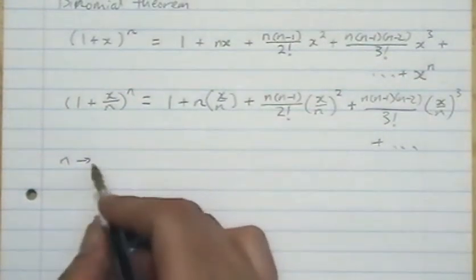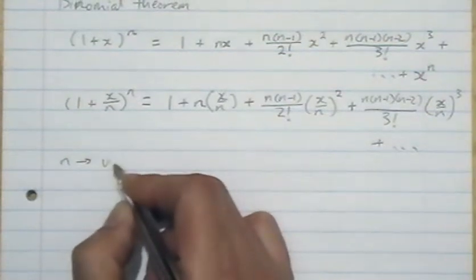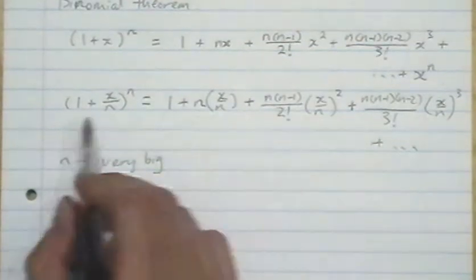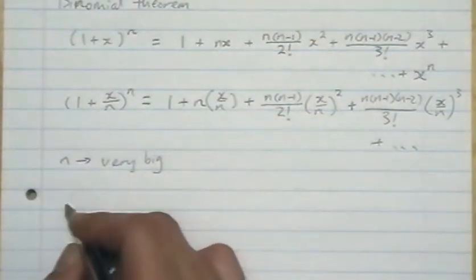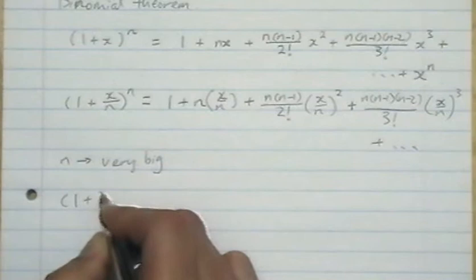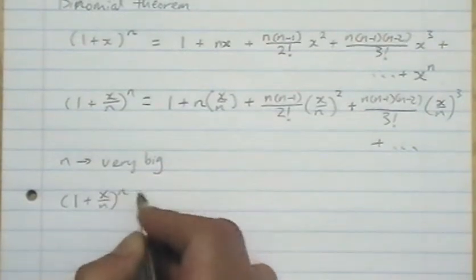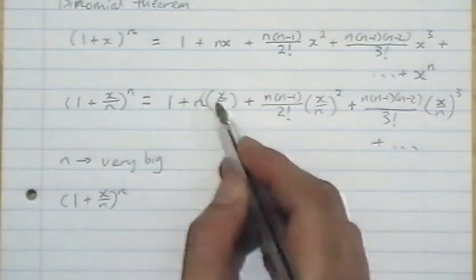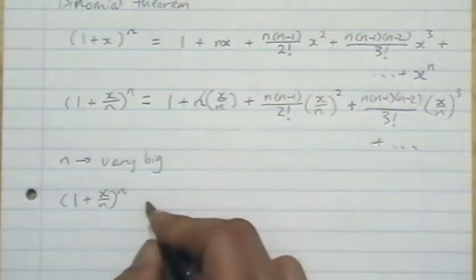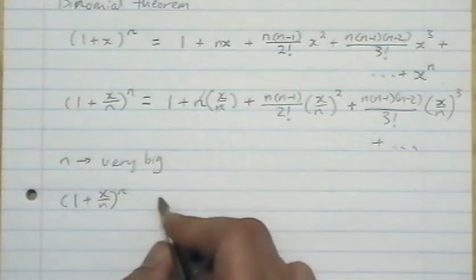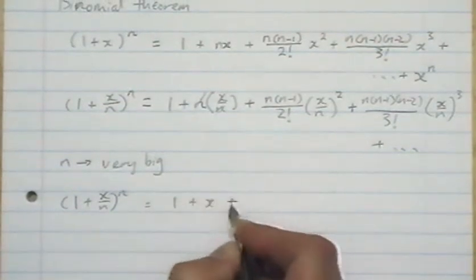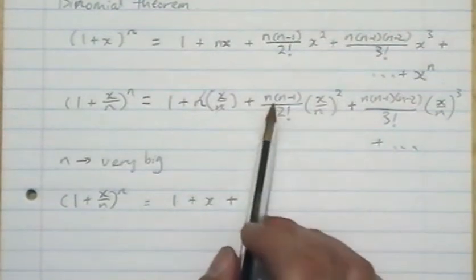Let's just allow n to become a very big number. Let's think about what happens to this. Right, the n here and the n here cancel. Okay, so that's fine. 1 plus x plus... let's look at the n here.